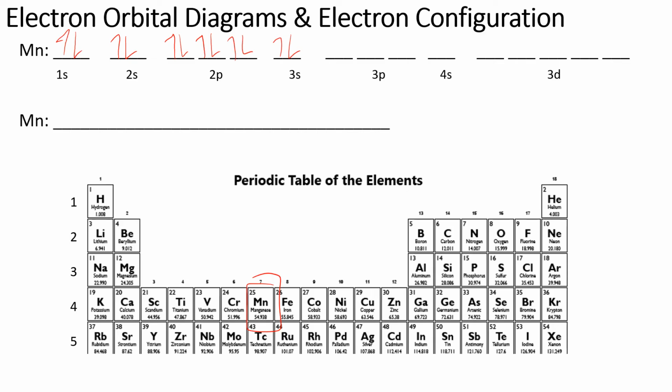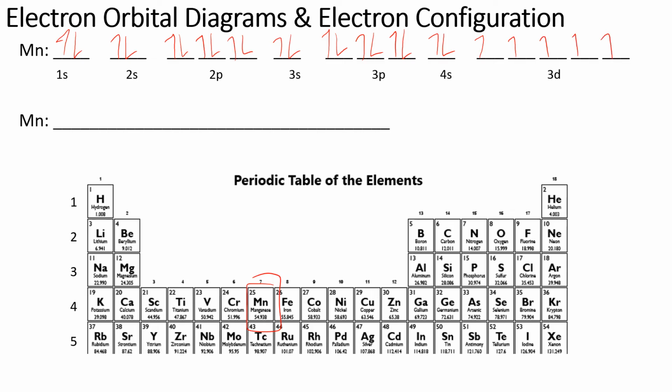Into our p orbital, separating them, 13, 14, 15, 16, 17, 18. 4s gives us 19 and 20. We need 5 more, so they go in the d orbital. We're going to separate them, 1, 2, 3, 4, 5.